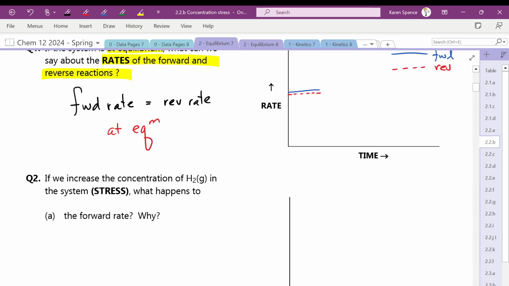If we increase the concentration of H2, now remember, our reaction looks like this: H2 plus I2 gives 2HI. Okay, that's our equation. If we increase the concentration of H2, what happens to the forward rate and why?